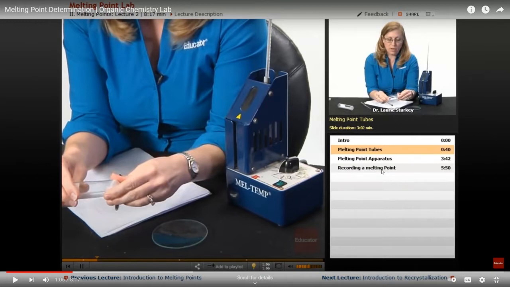So she says you can use this capillary of melting point for it, but no matter how small a melting point capillary you get, that's not a good idea. Never use any type of melting point capillary for TLC.